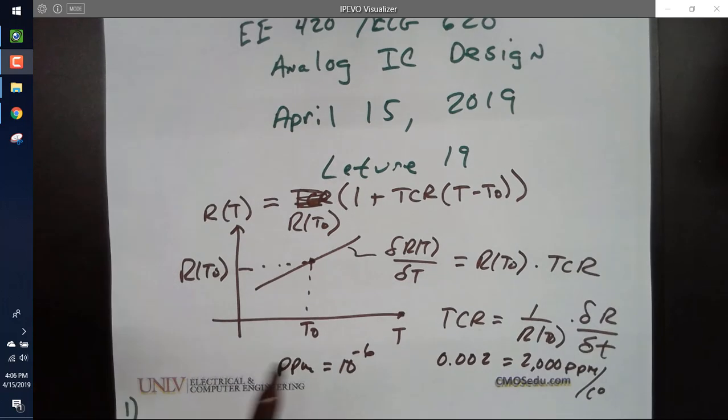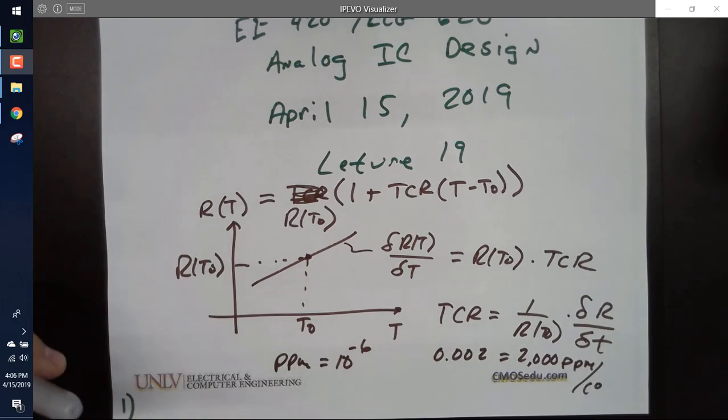Anybody not follow this? I'm telling you this because we're going to see these all over the place in the chapter. And these are numbers you read off of a table. They're measured. Even though it looks mathematical, you use the numbers to calculate what the temperature behavior of the device is. All right, any questions on that?